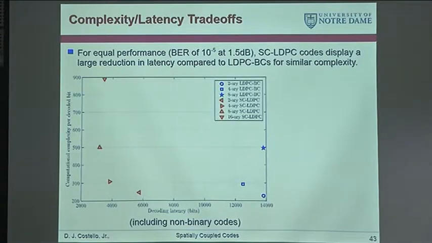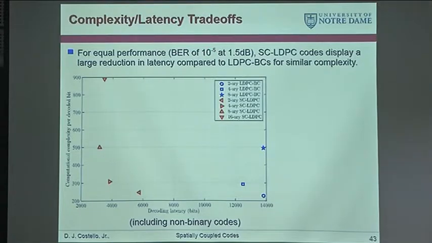Now, this is another way of looking at the same thing. Let's say we're going to operate at 1.5 dB, a little above the 3/6 regular threshold, and we want a 10 to the minus 5 error probability. We're going to look at spatially coupled codes and block codes, which both achieve 10 to the minus 5 at 1.5 dB.